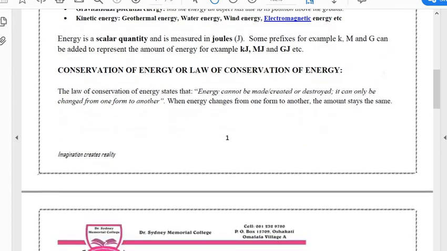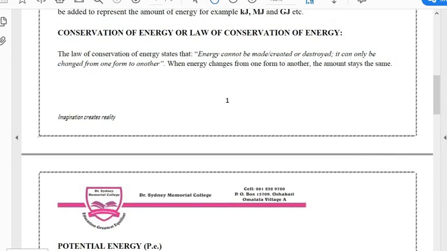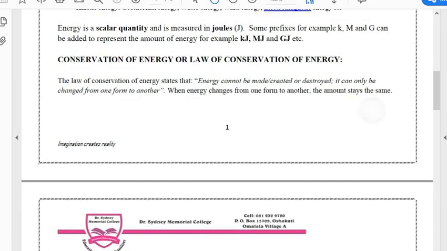The law of conservation of energy is a law which I hope you get to know, not just from the definition that we give here, to say energy cannot be made or created, cannot be destroyed, but can only be converted from one form to another.